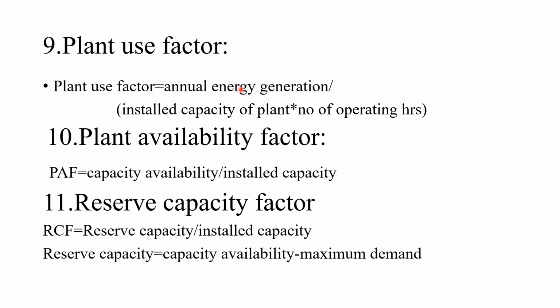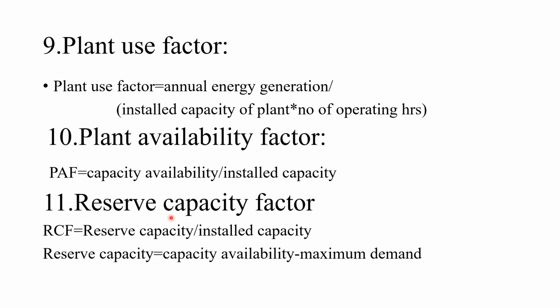The next point is plant use factor. It is nothing but the ratio of annual energy generation to the product of installed capacity of the plant into the number of operating hours. The 10th point is plant availability factor. That is the ratio of capacity availability to the installed capacity of the power plant.